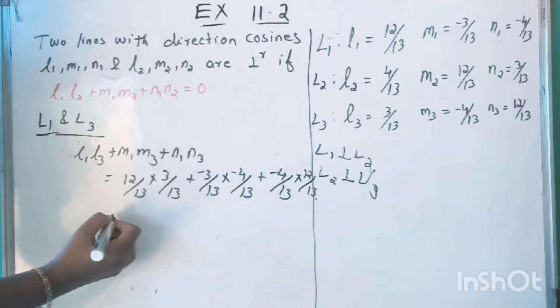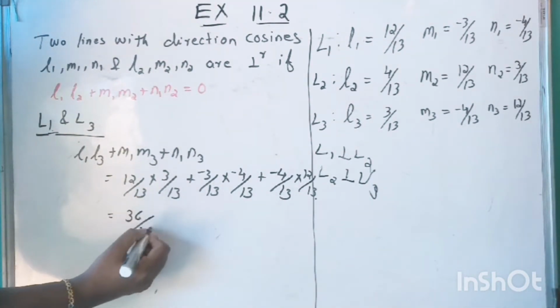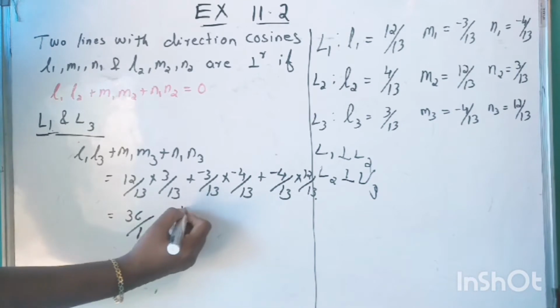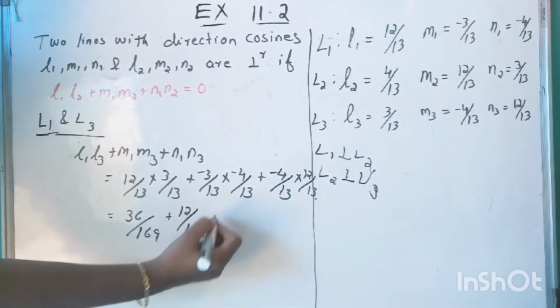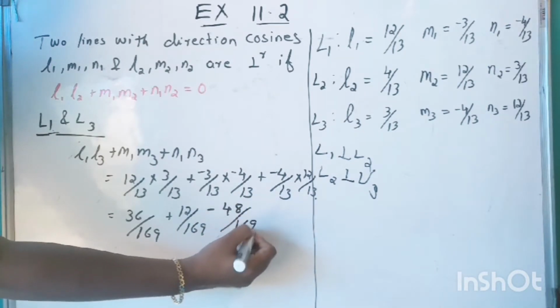And this is equal to 36 by 169 plus 12 by 169 minus 48 by 169.